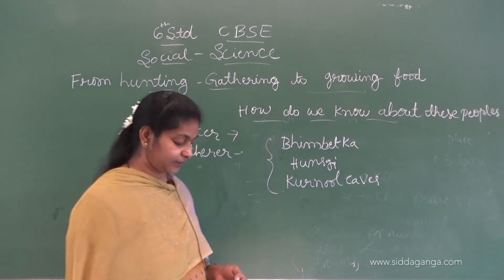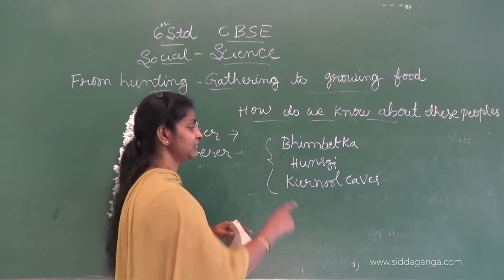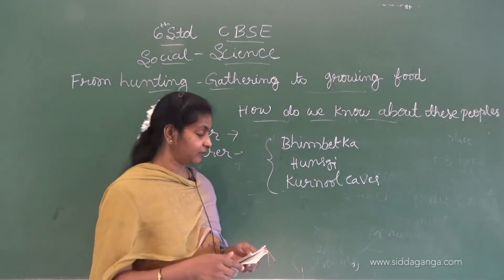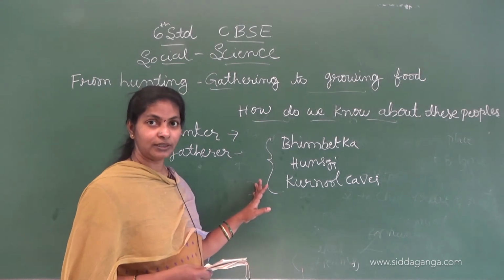The first one is near rivers and lakes. Observe these places. These places were on the banks of the river, which means they are very near to rivers or water resources.